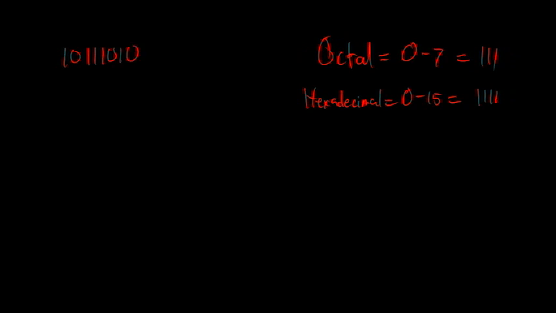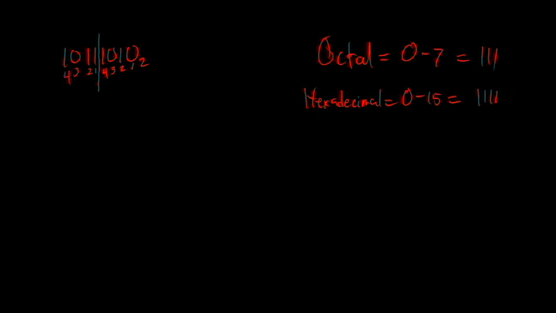like this, our binary, to convert this into a hexadecimal, we need to split it by every 4 digits of the binary. So 1, 2, 3, 4, split, 1, 2, 3, 4.